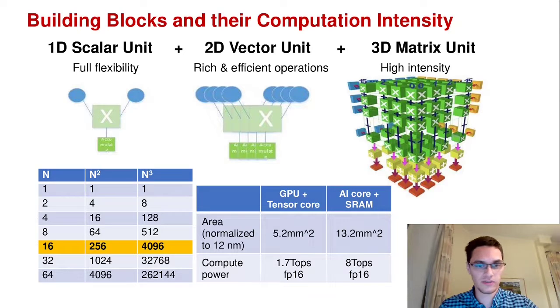And you can see in the yellow highlighted row, if the side of a cube unit is 16 floating point numbers, then it is capable of computing 4096 operations at the same time, simultaneously, thus speeding up the building blocks of neural networks, so matrix multiplications and convolutions.